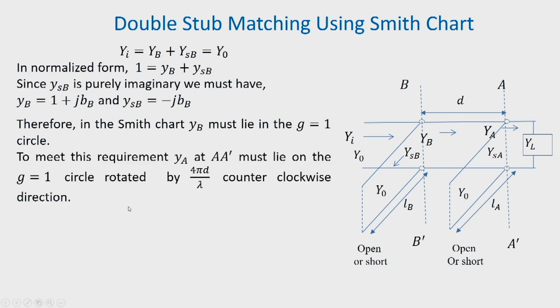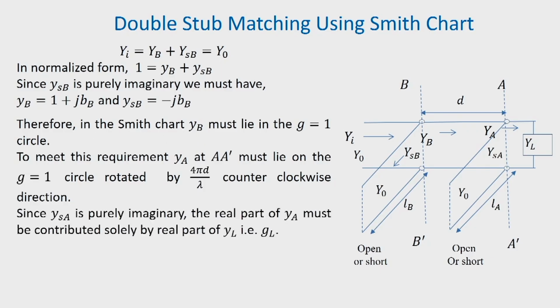To meet this requirement, ya at A dash must lie on the g is equal to 1 circle rotated by 4 pi d by lambda counterclockwise, that means towards the load, because then only once we come back to g is equal to 1 circle, we will get the required value of yb.